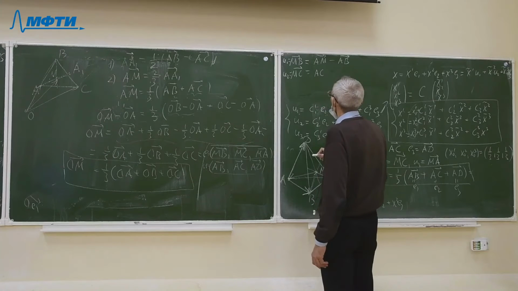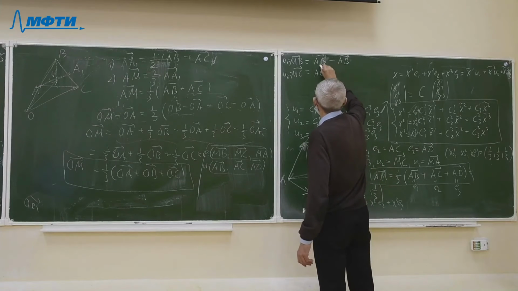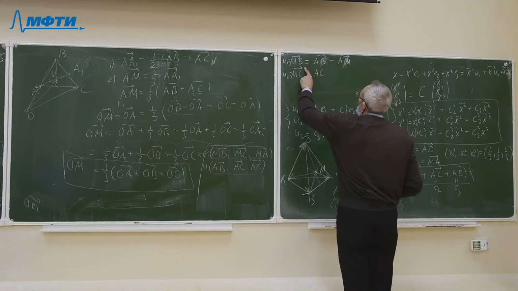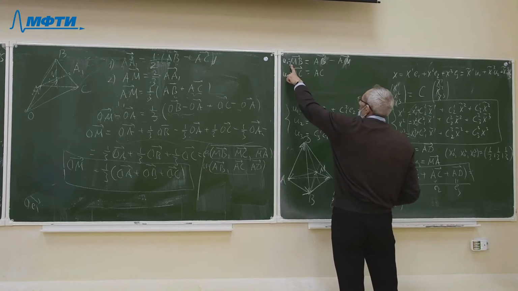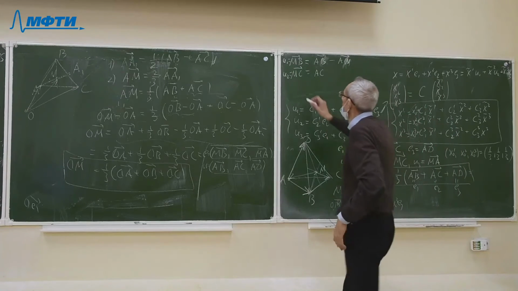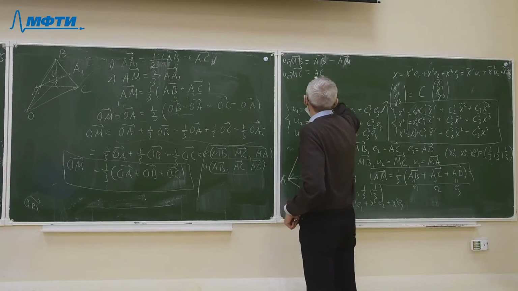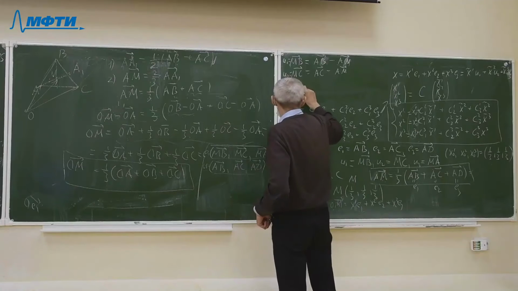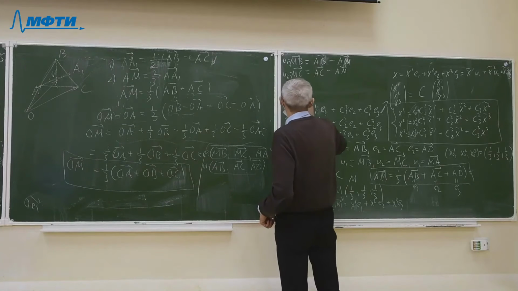Sorry, AB minus AM. We must subtract from the vectors with endpoint B the other vectors with endpoint M: AB minus AM, AC minus AM, and MA.